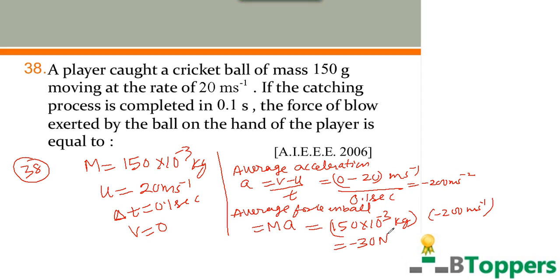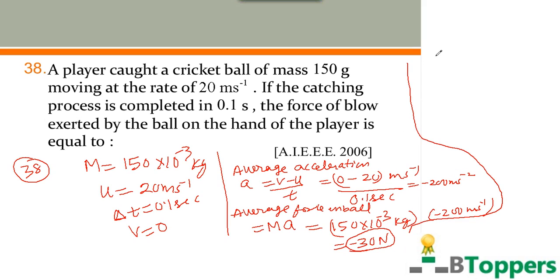You get minus 30 newtons. The negative sign indicates that the average force acting on the ball during the motion is opposite to its initial velocity. So the force exerted on the ball by the hand of the person has an average value of 30 newtons.